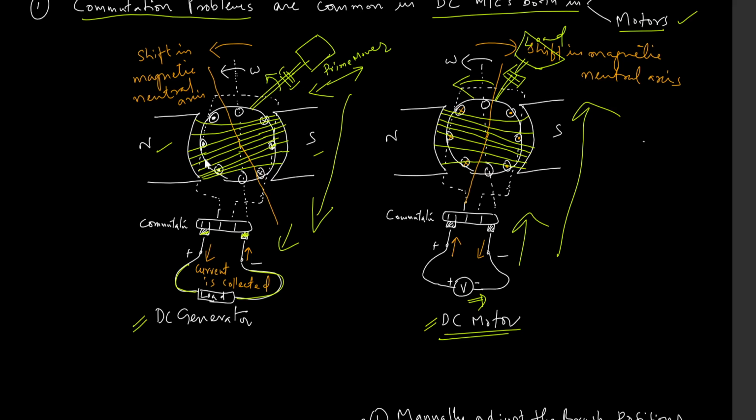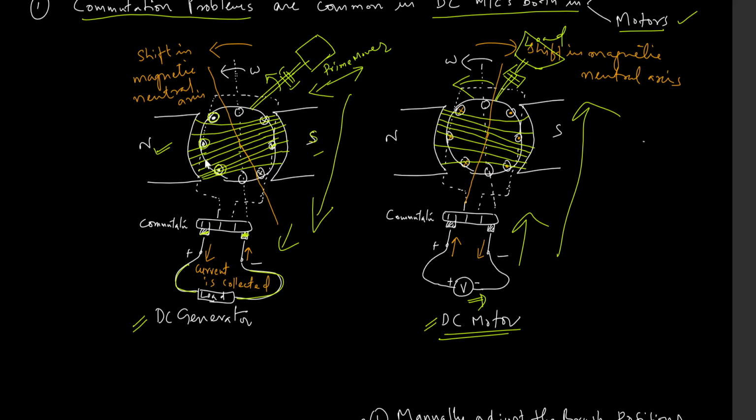When it comes to armature reaction, as we have discussed, the flux produced by the armature currents causes distortion in the main flux, right? In case of a generator, the current direction in the coil sides under the north pole and south pole is as follows.